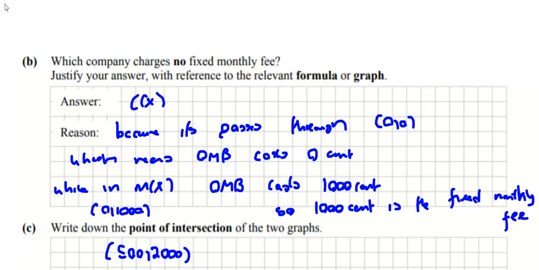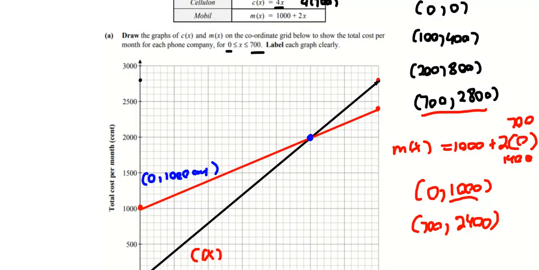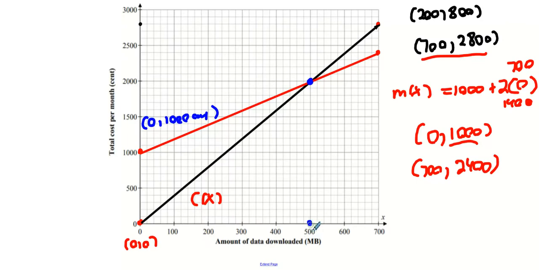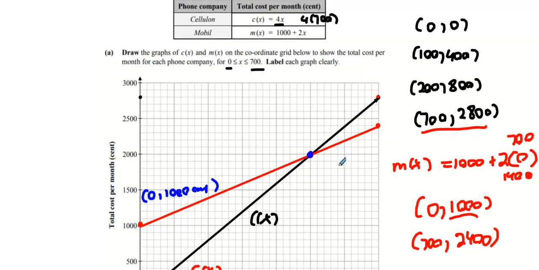Okay, the X value is the megabytes, so at 500 and below, C of X is cheaper. So at 500 and below, Cellular is cheaper, but at 500 and above, Mobile is cheaper.